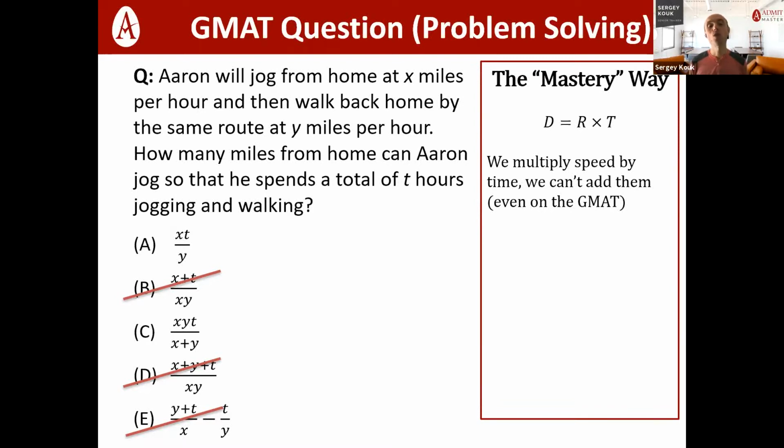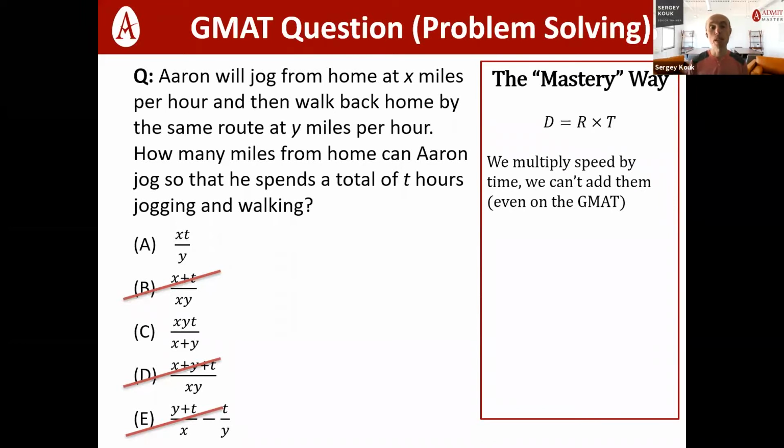So we're going to look at one answer choice. And just for efficiency purposes, let's look at A, because it looks like a simpler answer choice, with fewer letters, fewer variables. So A gives us x divided by y times t. Now, x divided by y gives us what we call a ratio of 2 speeds. Somebody's driving at 50 kilometers an hour, somebody else at 100 kilometers an hour.